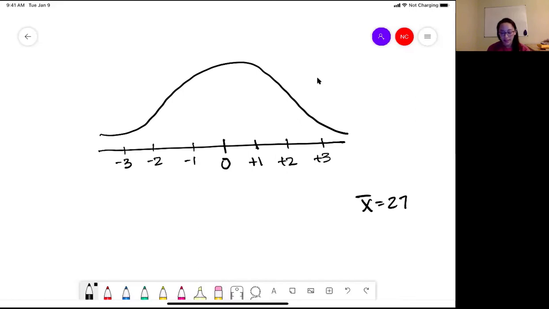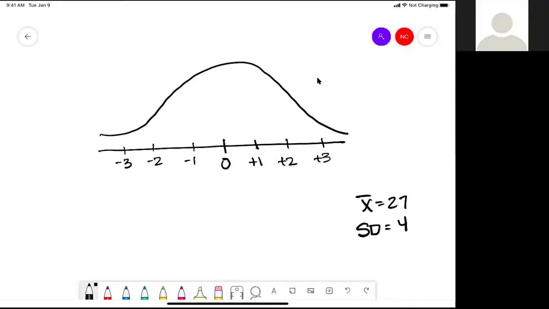And then give me a number that's smaller than 27. 4. Okay. So we're working with a sample here, and you know that because the standard deviation is SD, not sigma, and the mean is an X bar.